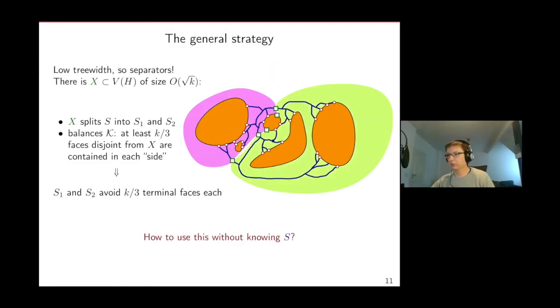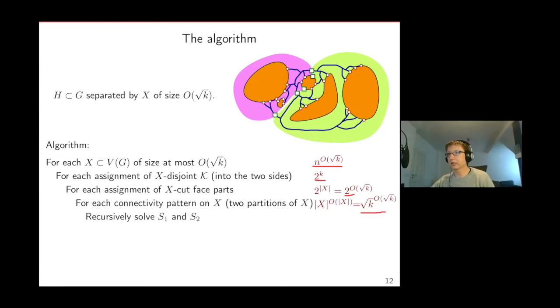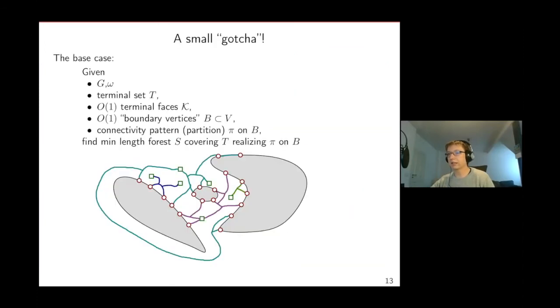Okay, so one thing that I swept under the rug is the base case of this algorithm. It's surprisingly not trivial. So when I do this separator in the base case, I will end up with constantly many terminal faces. Of course, I cannot use my separator theorem meaningfully anymore on a very small constant-sized number of terminal faces.